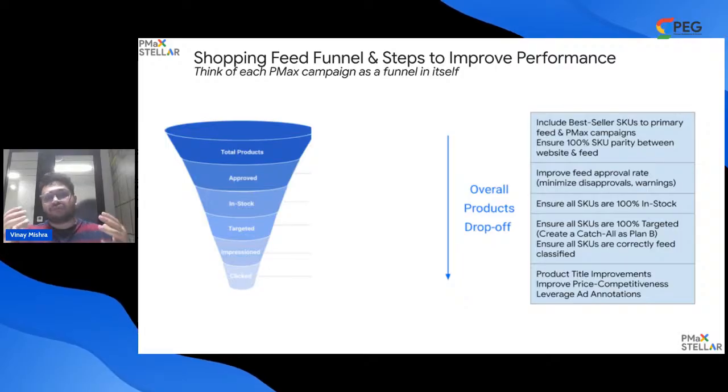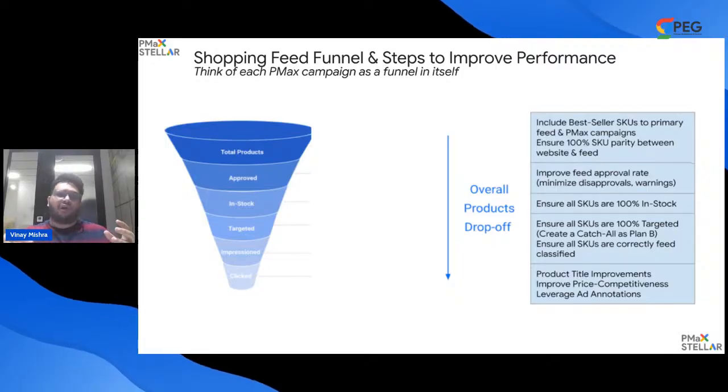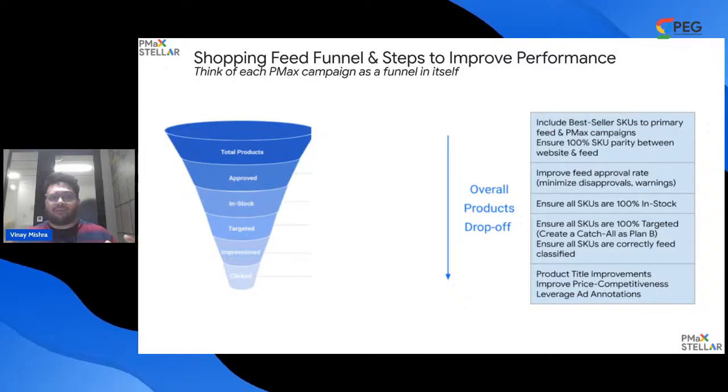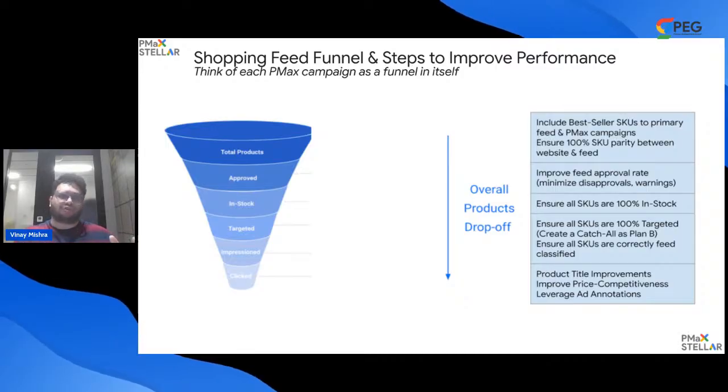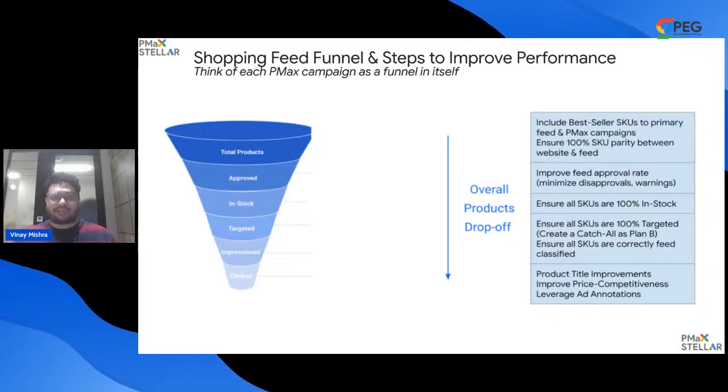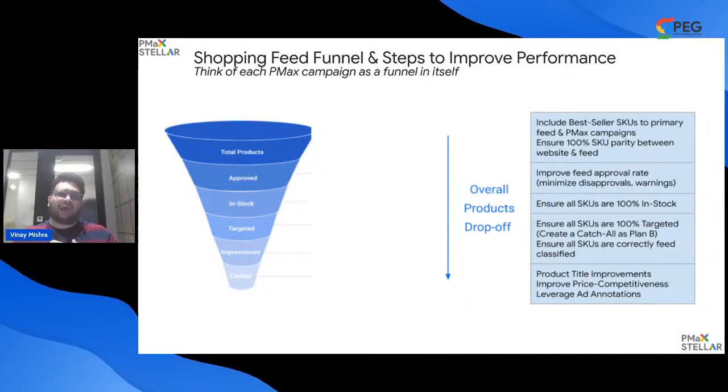And out of those approved products, based on past sales, there might be a few products which are out of stock as well. Again, we have to make sure that all of the stocks are in place. And out of all the products which are in stock, we would go ahead and then target a very few.